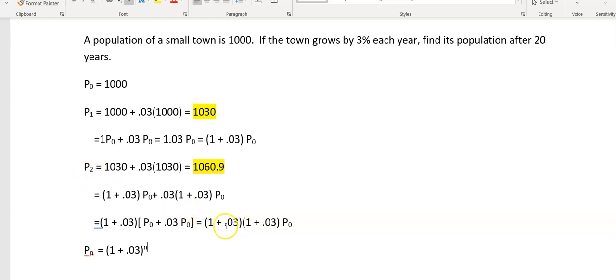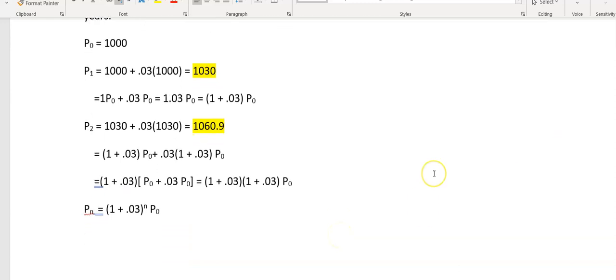It would have been 3 times for p sub 3. So really it's the power, the number of times that we're multiplying it, and then times p sub 0. With that in mind, let's answer this question. We want to find its population after 20 years. So we want to find p sub 20.